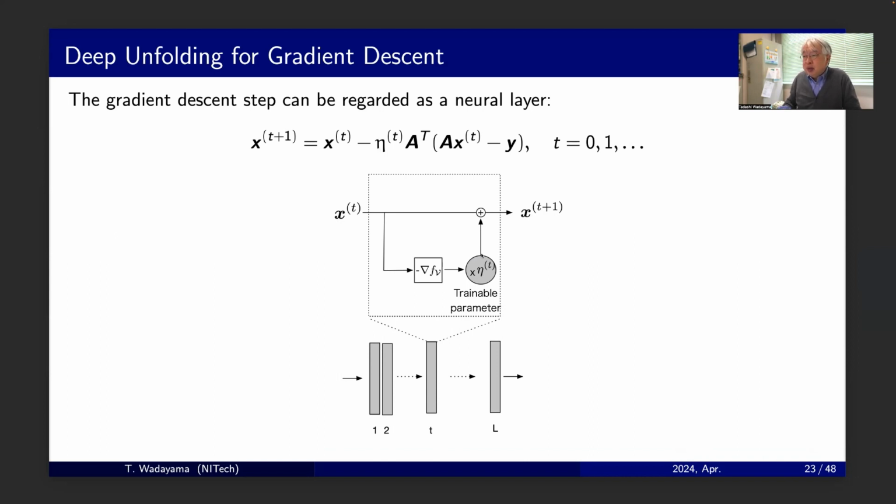And the middle figure in the dashed box is an illustrated version of the gradient descent step. And this gradient descent step can be regarded as one layer of a neural network. That's the idea of deep unfolding.